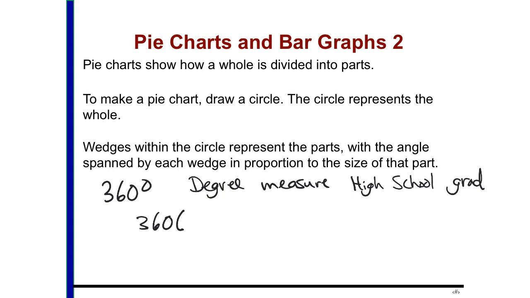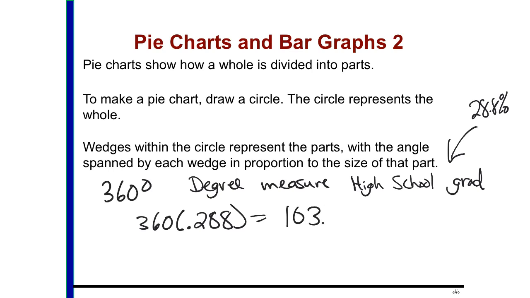So for less than high school grad, it was 28.8%. But when we write that as a decimal, it's going to be 0.288. So we're going to do 360 times 0.288, which gives us 103.68 degrees. So that pie slice for less than high school would be 103.68 degrees.